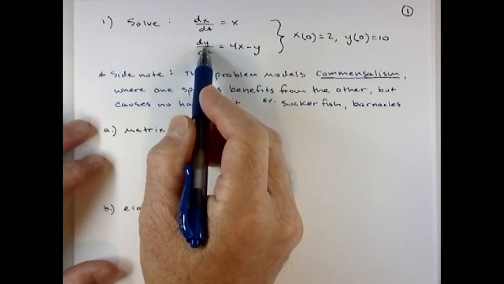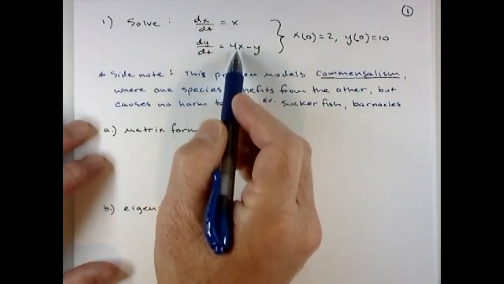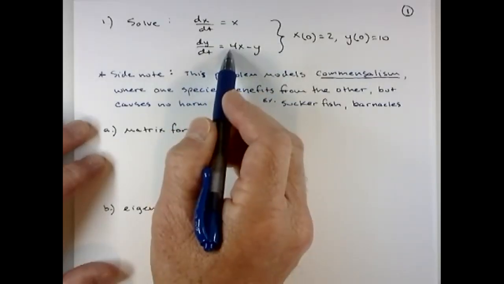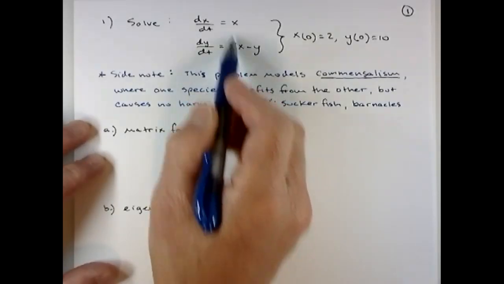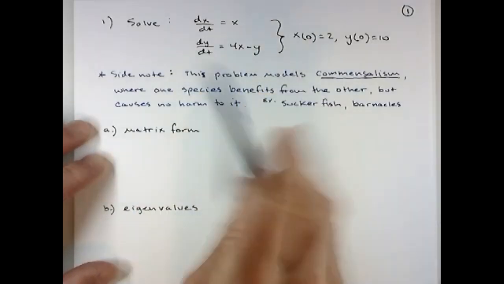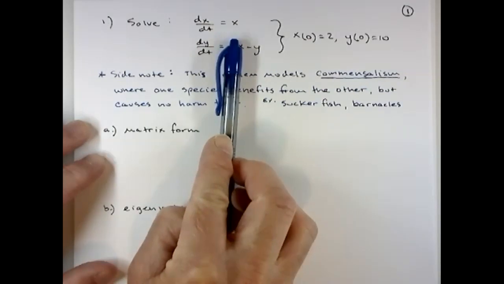notice that Y's growth rate is tremendously benefited by X, right? There's a huge benefit. That's a positive thing that comes from X, from being on the whale. Whereas without the whale, if they didn't live on the whale, you should recognize dy/dt equals negative y is exponential decay.